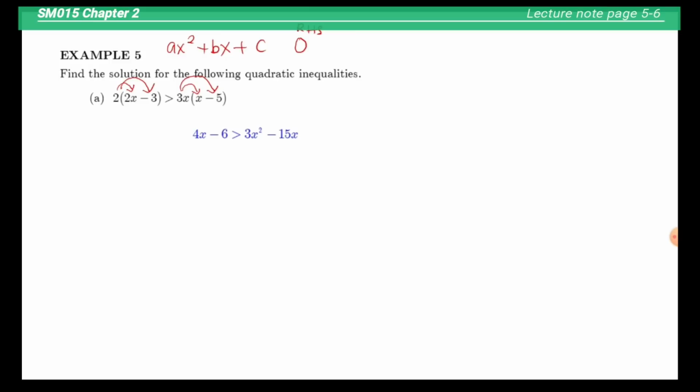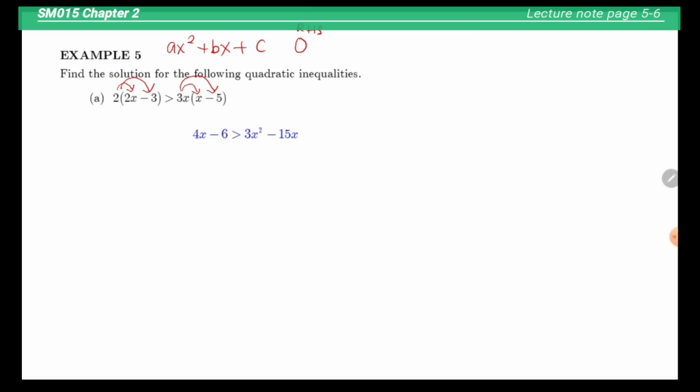Yes, it will be negative 3x squared plus 15x. We don't want that 3x squared to be negative, so to make sure that after we bring them to the left-hand side they will be a positive quadratic, we need to divide all the terms by a negative number.